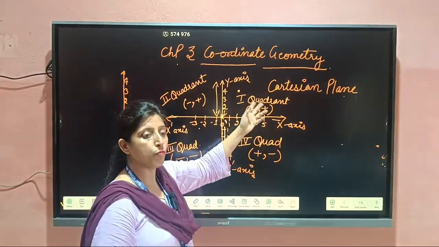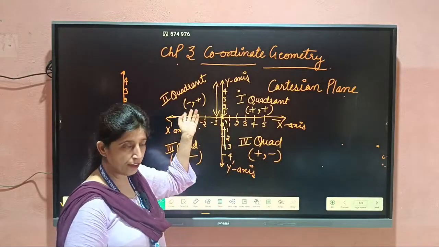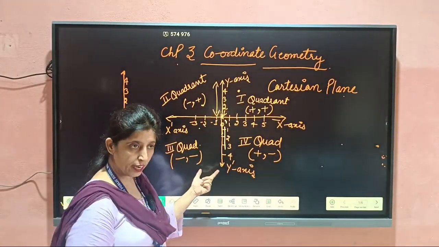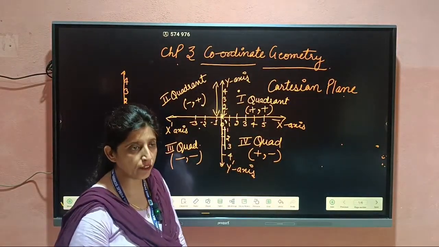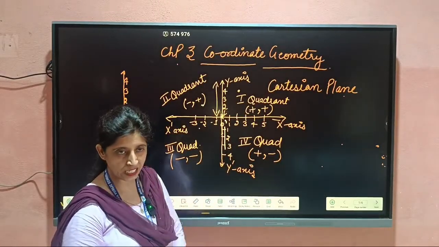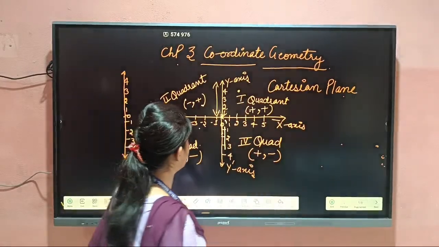In first quadrant, both are positive. In second quadrant, x is negative, y is positive. In third quadrant, both are negative, and in fourth, x is positive and y is negative. These are the four quadrants that we will use in these exercises. Okay? Understand to all? Okay.